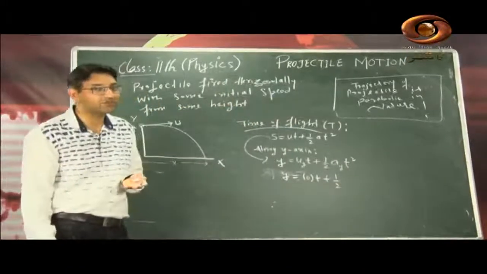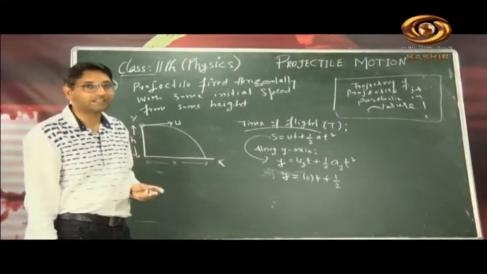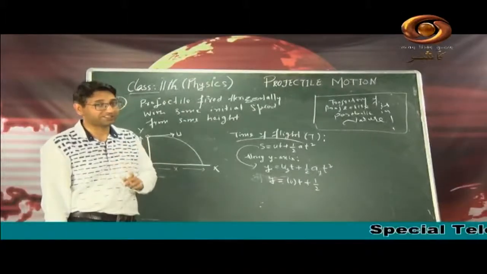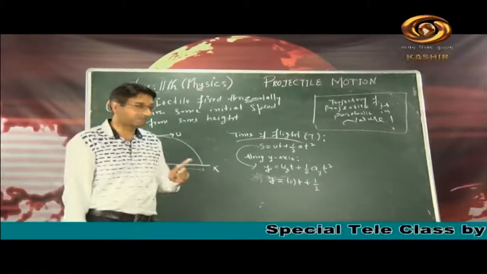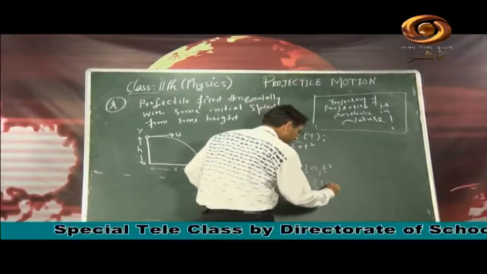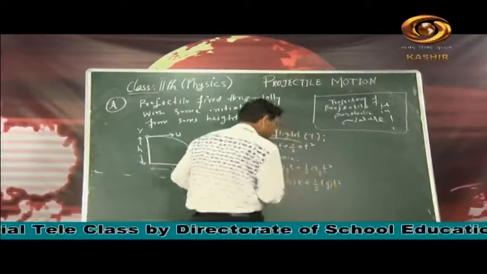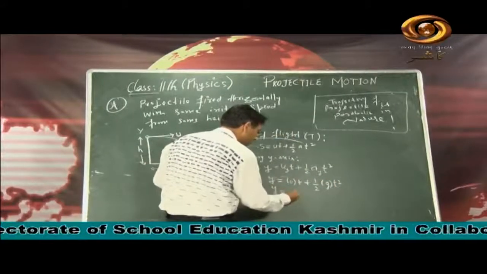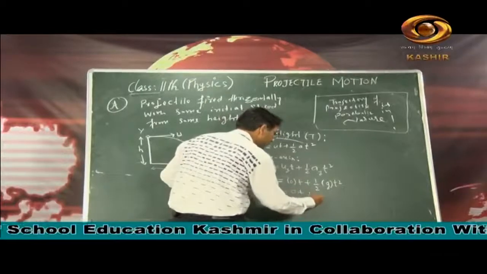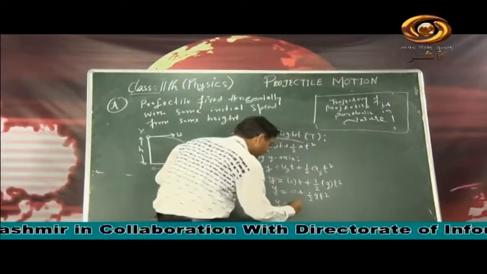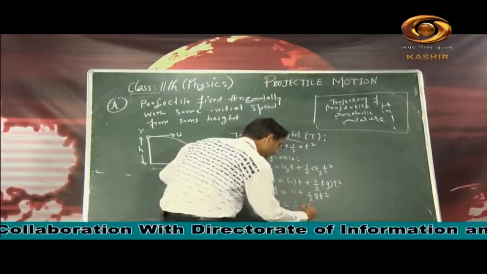That is g, because acceleration is always along the y-axis. There is no acceleration along the x-axis. There is initial speed along the x-axis, but no acceleration. There is acceleration along the y-axis, but no initial velocity. So it is g here, and then t square. What is g? Acceleration due to gravity. So we get y is equal to 0 plus half of g t square. So y comes out to be half of g t square, my dear students.